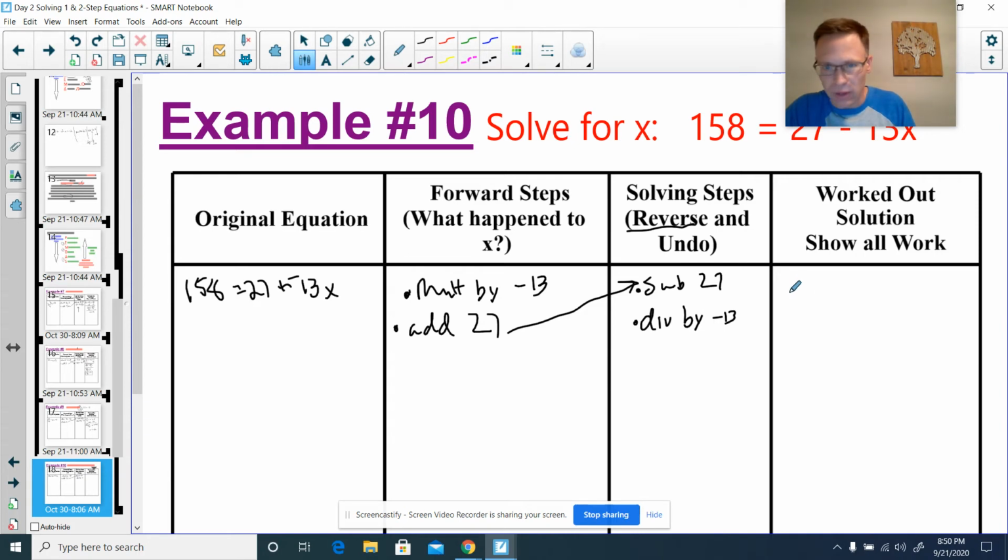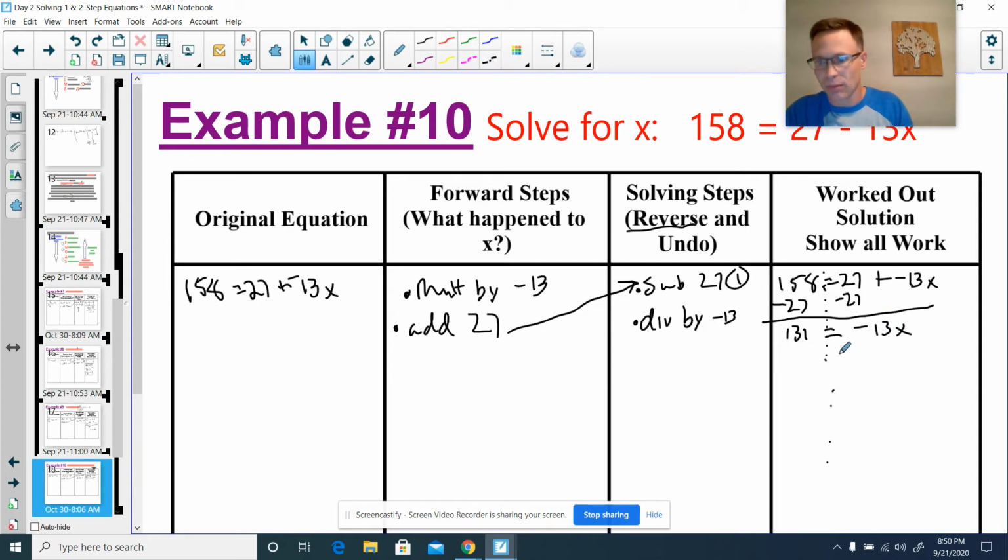And then I will follow those instructions. So the equation is 158 is equal to 27 plus negative 13 or minus 13. Get my little equation sides going here. And I'll follow my instructions. So first step, subtract 27 from both sides. That leaves me with 131 is equal to, forgot my x here, negative 13x.